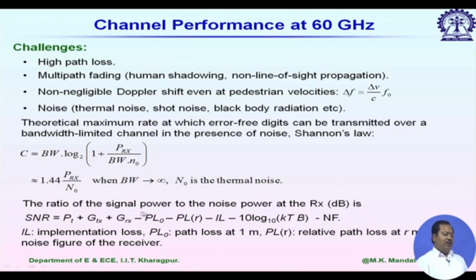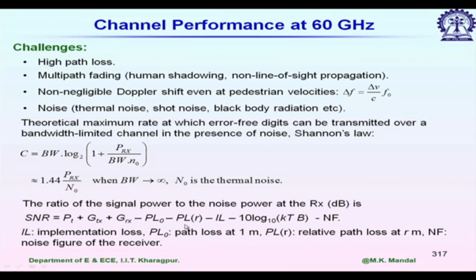So, the ratio of the signal power to the noise power at the receiver in dB is the SNR. This is Pt plus G of transmitter plus G of receiver minus the path loss, and we are dividing the path loss into two components, PL naught and PLR. Why? PL naught represents the path loss at 1 meter, and after that we have a different coefficient n for path loss calculation.